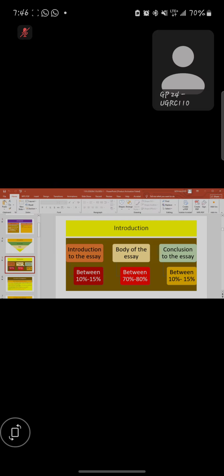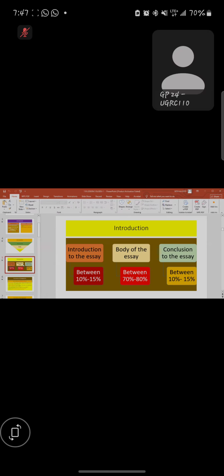In terms of numbers, percentages, or weighting, as you can see on the screen, both the introduction and the conclusion have about the same weighting, from 10 to 15% of the essay, while the biggest proportion is the body of the essay.